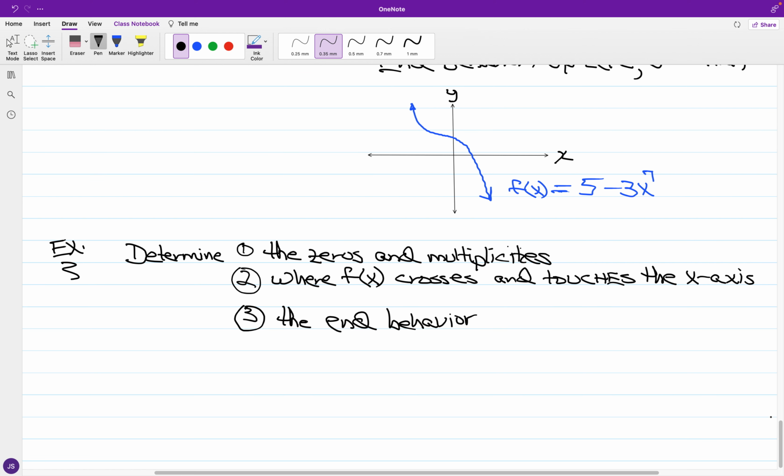Okay, and we'll say that we have f of x is equal to negative 2x cubed times the square of x plus 4.